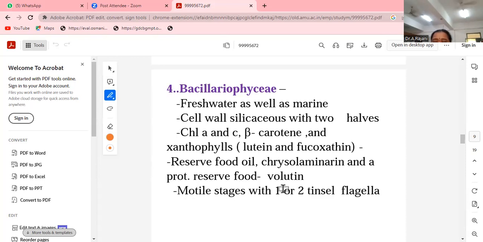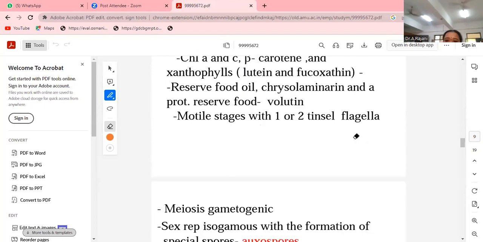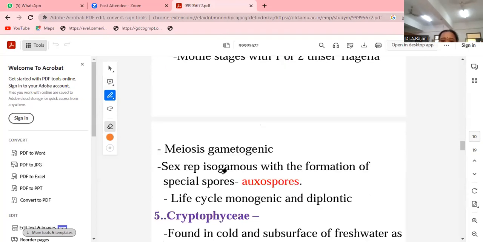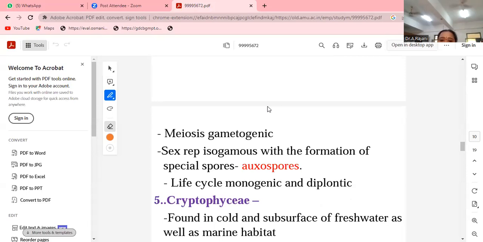In the motile stages, one or two tinsel flagella are present. Sexual reproduction is the isogamous type, producing auxospores. This is also important: what type of spores are produced? Auxospores. The life cycle is the diplontic life cycle.